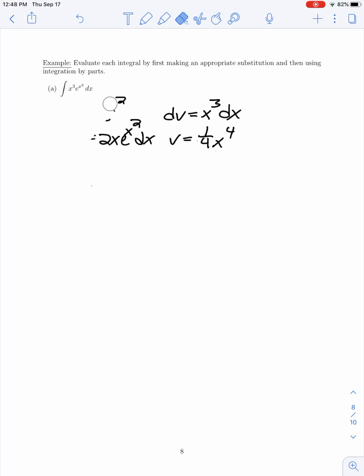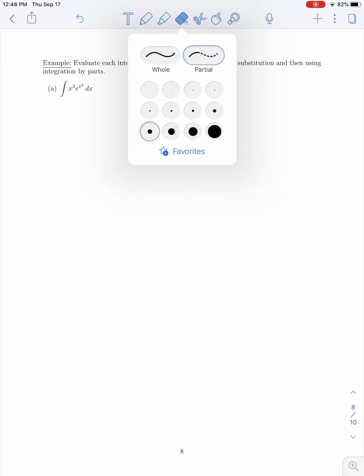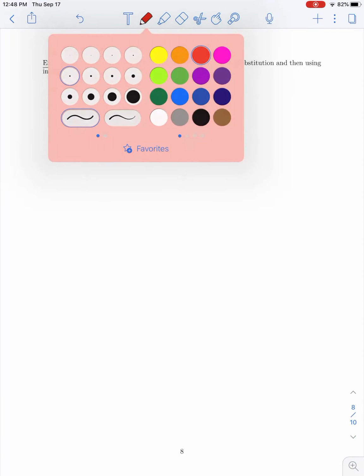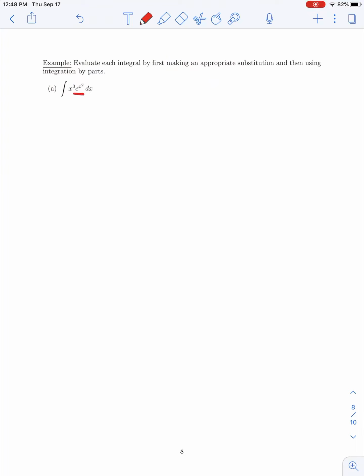So what other technique could we use? Or maybe a more important question would be, when we look at this problem from the beginning, why might we choose a technique other than integration by parts at the start? My answer to that is, when I'm looking at this integrand, I see that it involves a composite function.